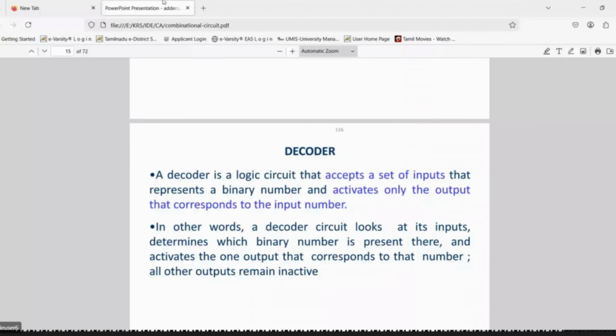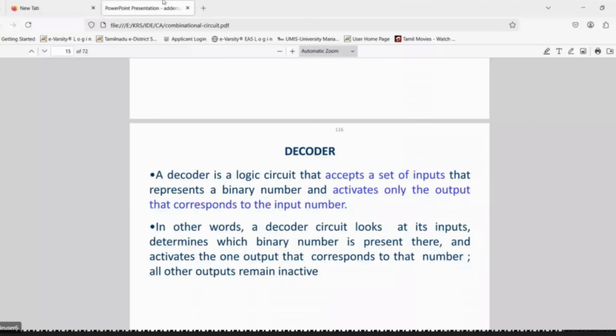But in case of binary to decimal, there are 4 inputs but 10 outputs, less than 2 power n. In binary to hexadecimal decoder, there are 4 inputs and 16 outputs, 2 power 4. Therefore the decoder has n input lines and 2 power n or less than 2 power n output lines.